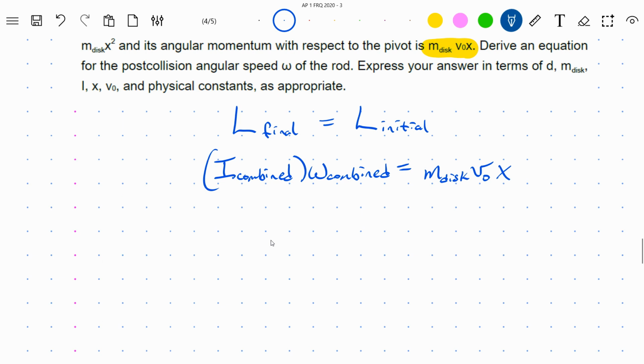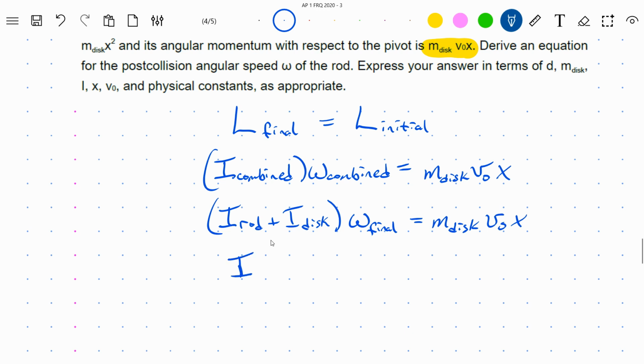I combined is going to be equal to the I of the rod plus I of the disk, times the omega combined. In fact, I'm just going to say omega final, equal to basically the same on the right side, mass of the disk, v0x.